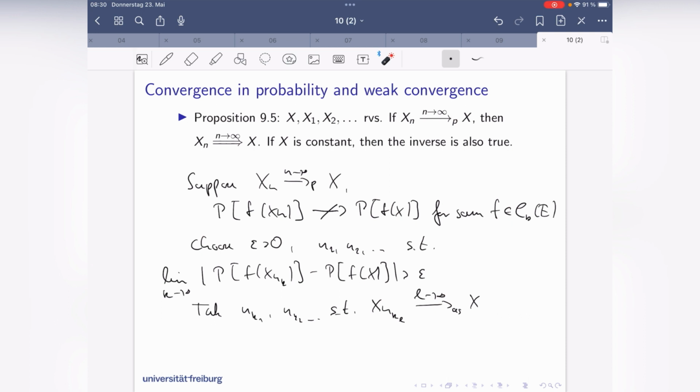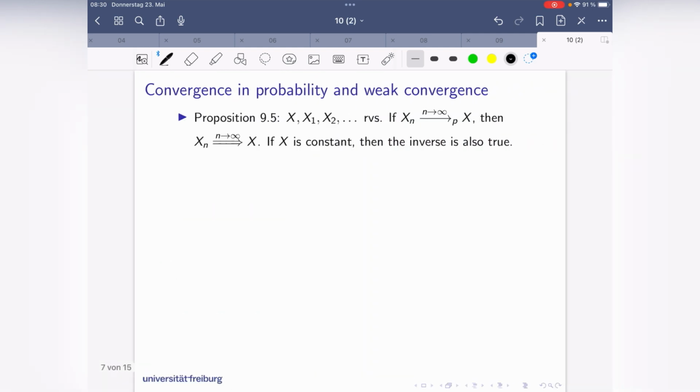But x_nkl converges to x almost surely, and we know then by dominated convergence that the integrals also converge. So I have a contradiction with the fact that this here should be bigger than epsilon. And I'm done. So contradiction. So we have proved the first direction.